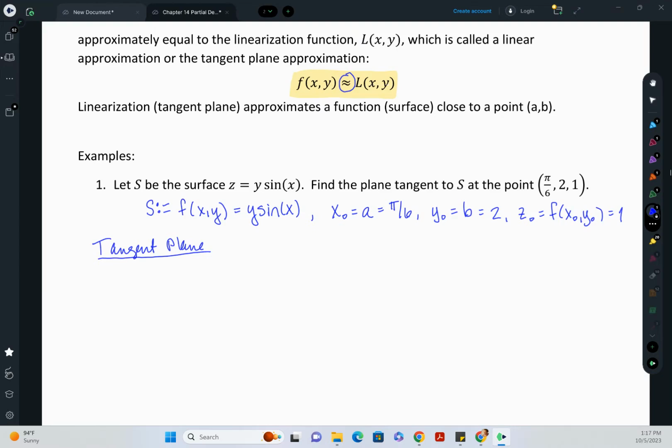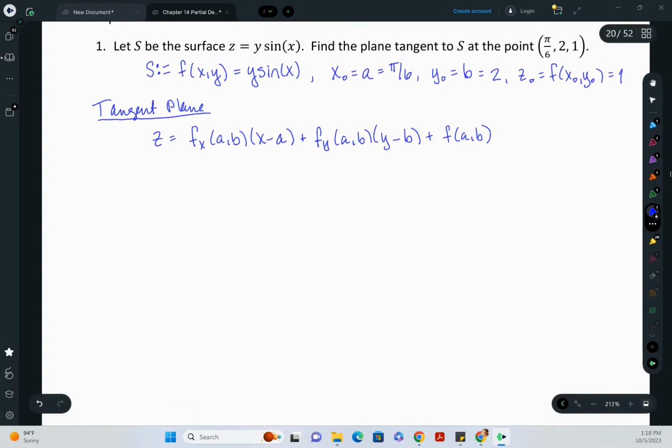So if we're being asked for a tangent plane, then I want to write down z equals f sub x of a, b times x minus a plus f sub y of a, b times y minus b plus f of a, b. Okay? So now that I have the equation sitting in front of me, it's a lot easier for my mind to accept that I need to find my first partial derivatives, first things first. Okay? So let's do that.